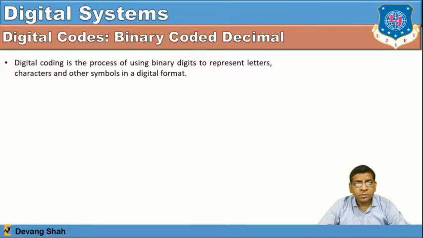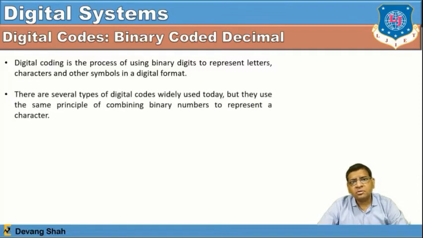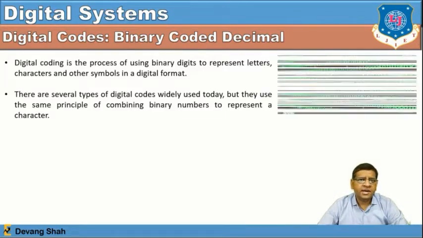We have to display the digits on a screen or display box, as well as encrypt and decrypt the information that we use for communication systems like satellite communication systems, mobile communication systems, and so on, right? We will further discuss several types of digital codes widely used today, but they follow the same principle of combining binary numbers to represent a character.